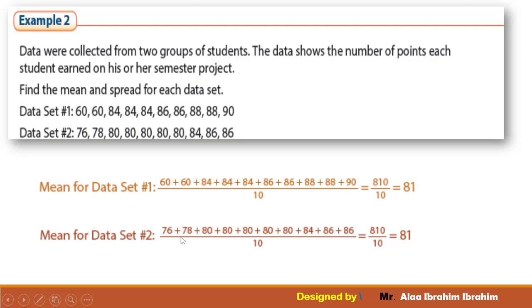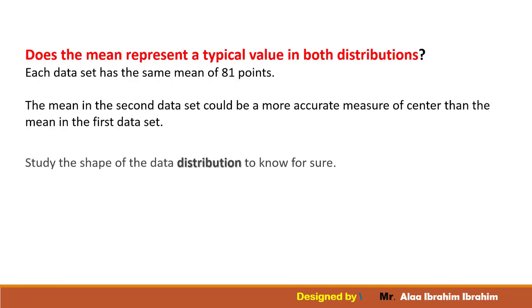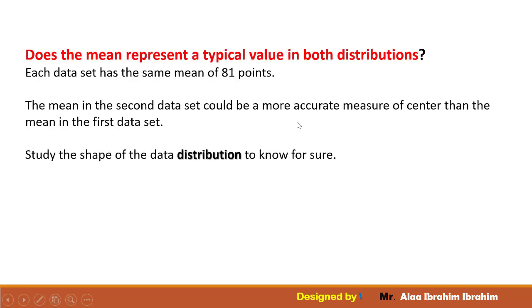So 76, 78, 80, the distance between each two is close. But this one is far away, 60 to 84. The gap between them is about 14. So they are different. For this reason, I choose the second one as more accurate.